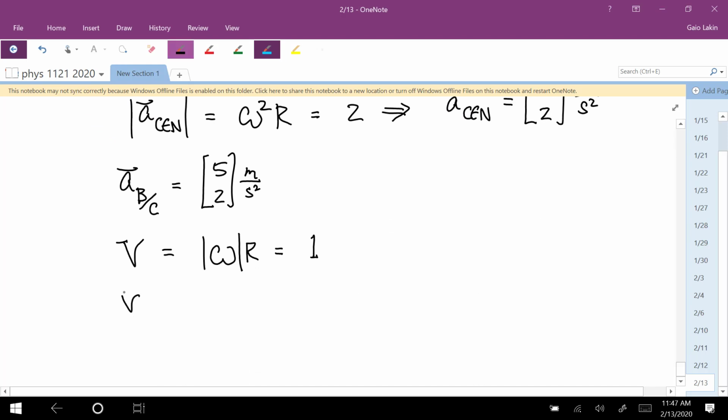So the velocity vector of B relative to C is 0, 1. Nope, 1, 0. And now all we have to do is put those together with the relative motion equations.